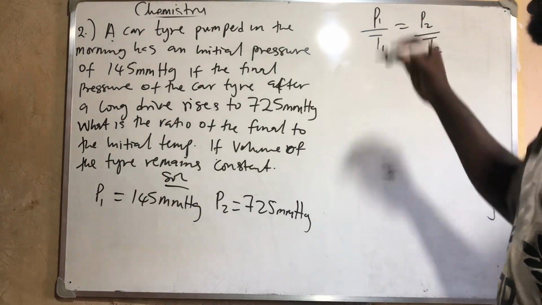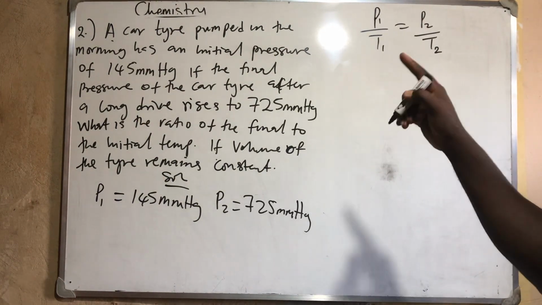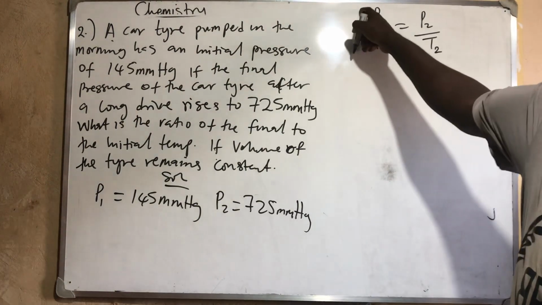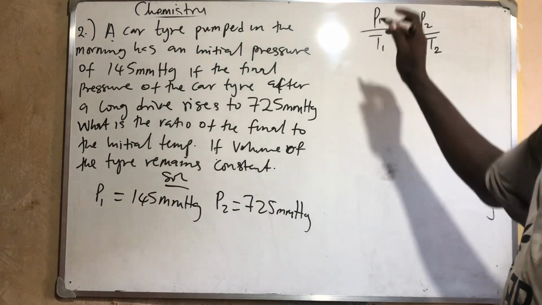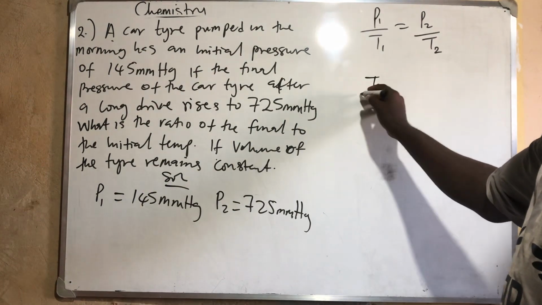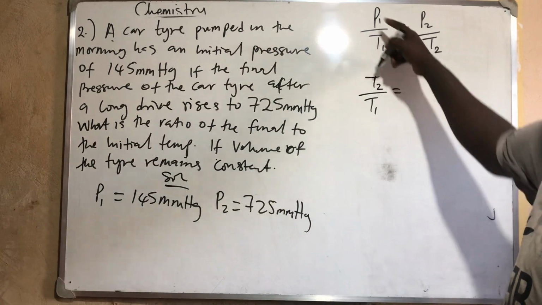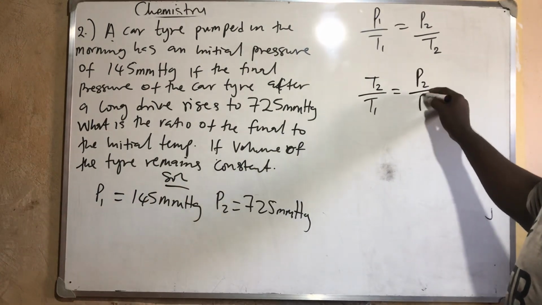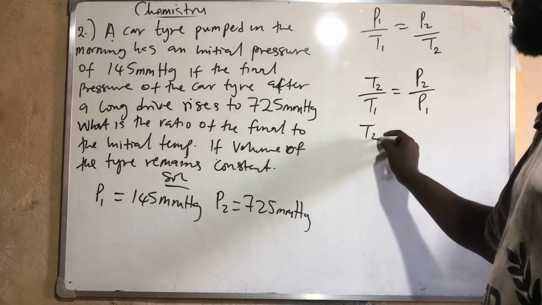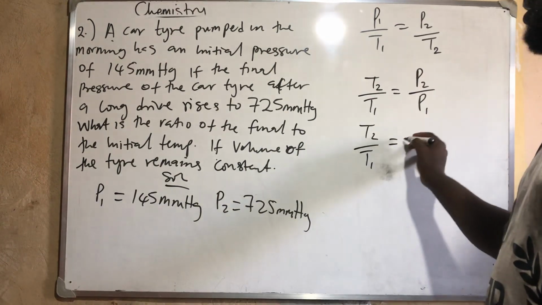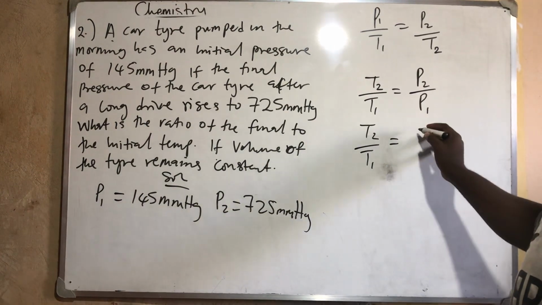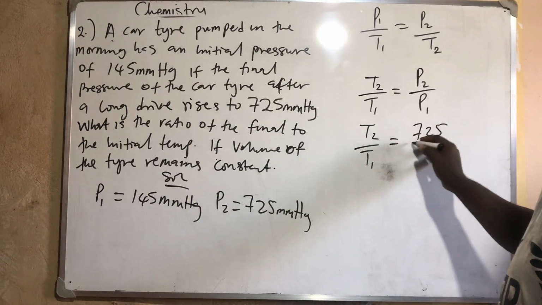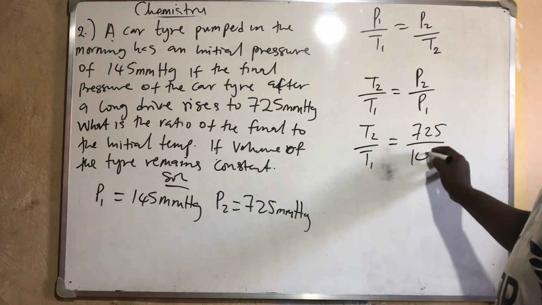Since they say the final to the initial, the final, the one mentioned first, will always be up. So I have T2 over T1, and they will just swap, so I have P2 over P1. So my T2 over T1 is equal to 725 over 145.